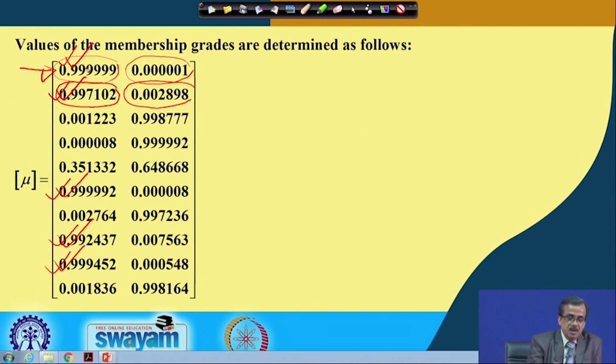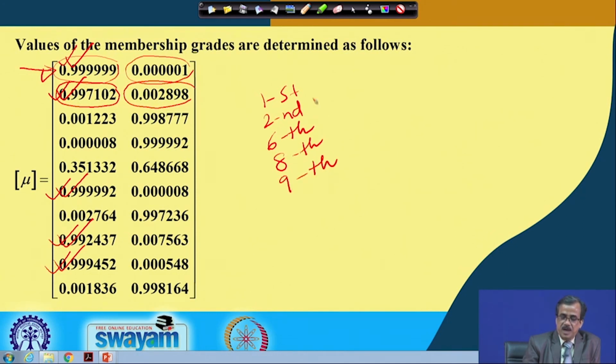That means your first, then your second, third, fourth, fifth, sixth, 7th, 8th and your 9th, they are forming a particular group.